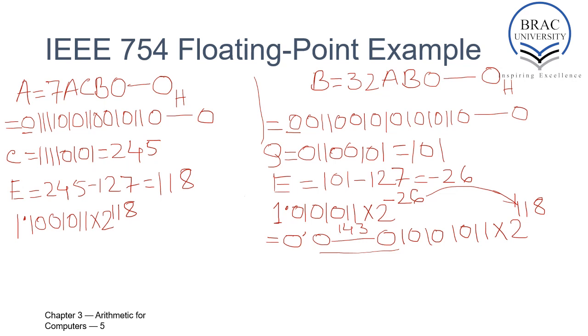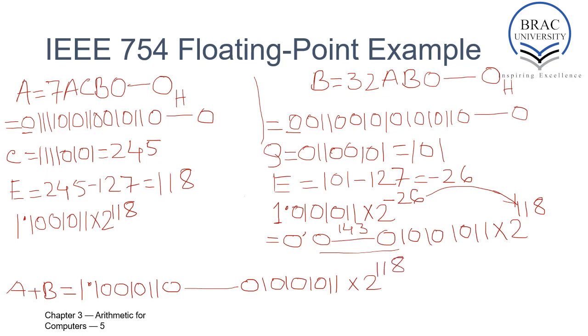Now, if we perform the addition, then A plus B is this: 1.1001011, and then lots of zeros, and then we'll have 1 0 1 0 1 1 0 1 1 into 2 to the power 118.